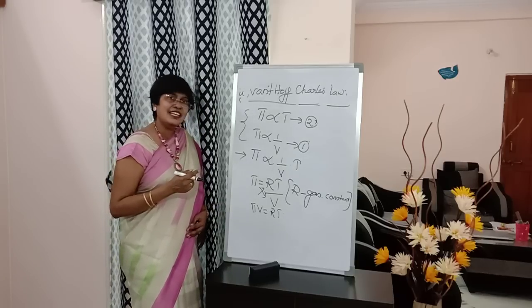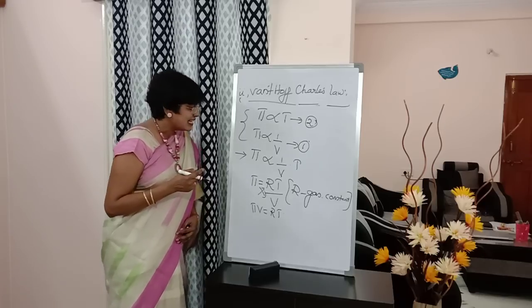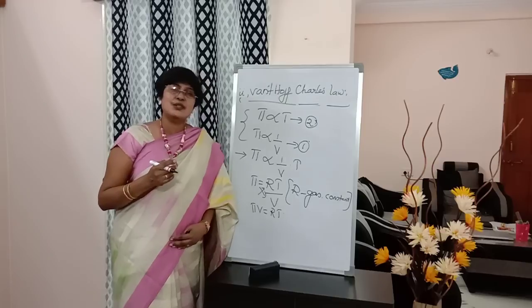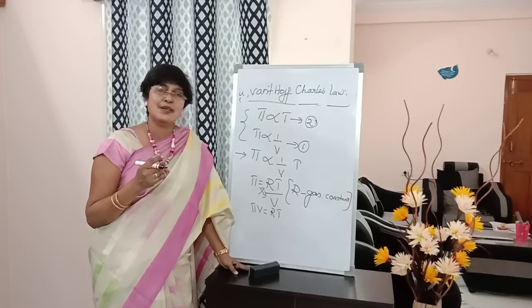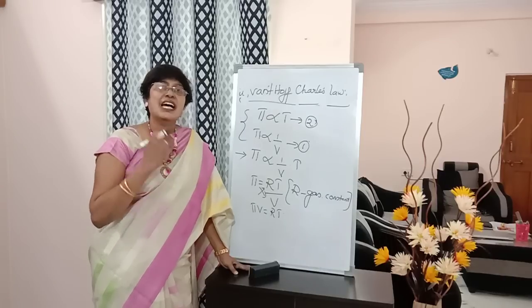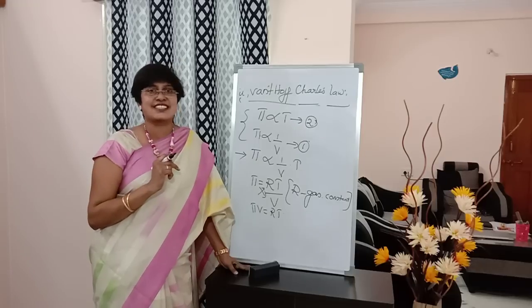Are you remembering any equation, students? It is exactly resembling PV is equal to RT. What is PV is equal to RT, students? Do you remember? Yes, it is the ideal gas equation for 1 mole of a gas.